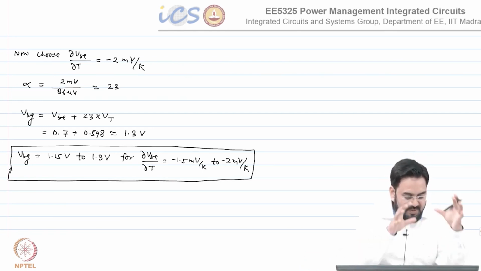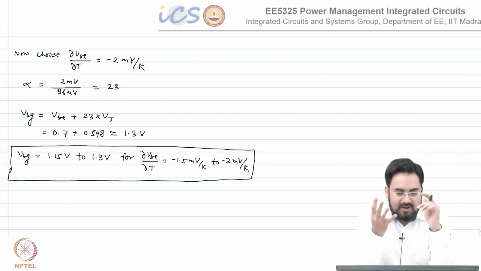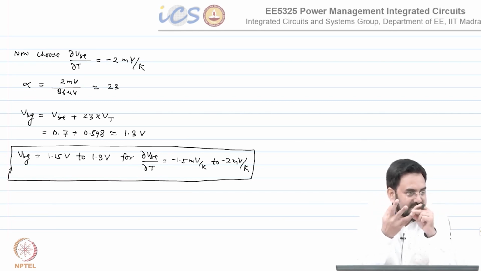So, the gist of the band gap here is what you need: PTAT and CTAT, and CTAT is mostly built using VBE.